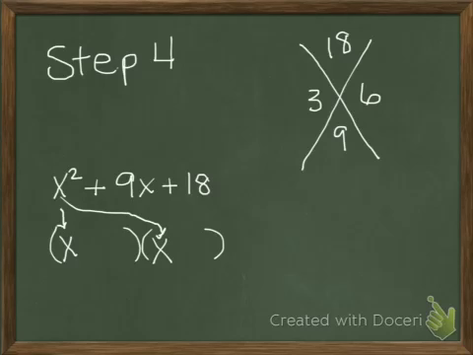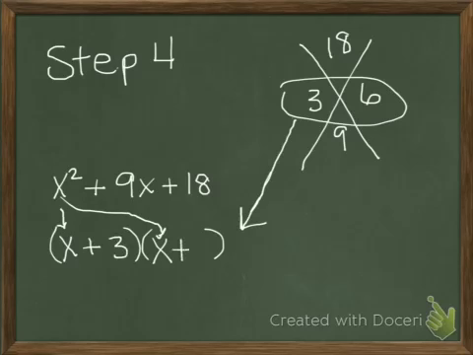Now we bring down our 3 and our 6, so we write (x plus 3)(x plus 6). Now we have two binomials. We've seen these before, because when we multiplied binomials using FOIL, we got a trinomial. And actually, that's what we're going to do next.